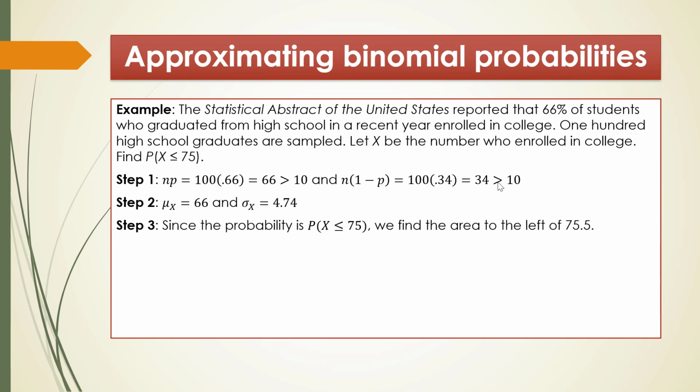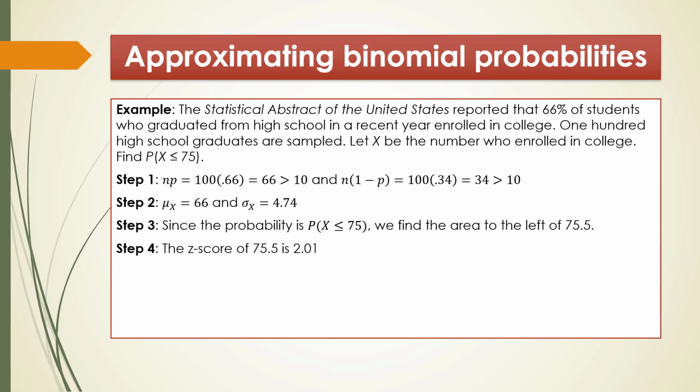Step 3, since we want to find the probability that X is less than or equal to 75, we want to include the point 75 in the calculation. So we find the area to the left of 75.5. The area to the left of 75.5 does include 75.